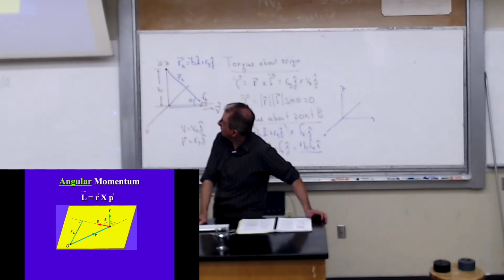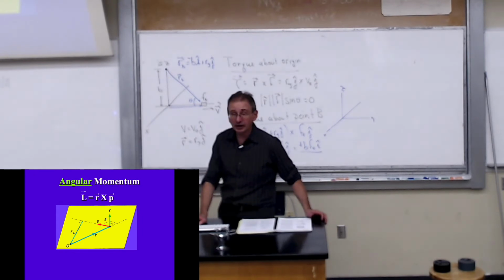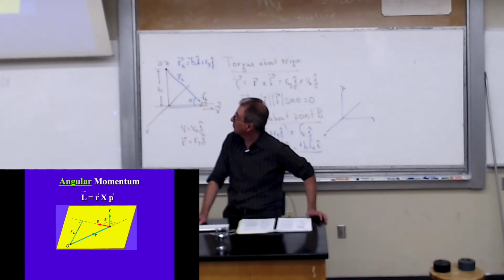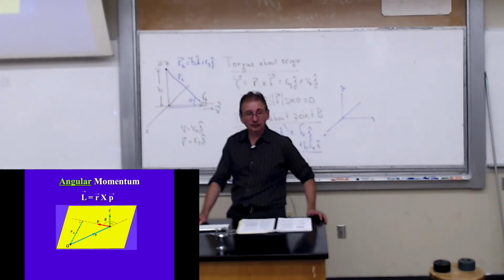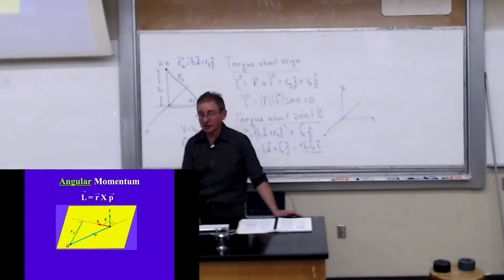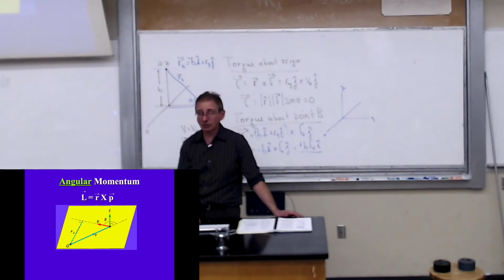And again, the angular momentum, we use the letter L, is perpendicular to both R and P. And if P, R, and L are perpendicular to each other, they will actually form a right-handed coordinate system, like an XYZ coordinate system.